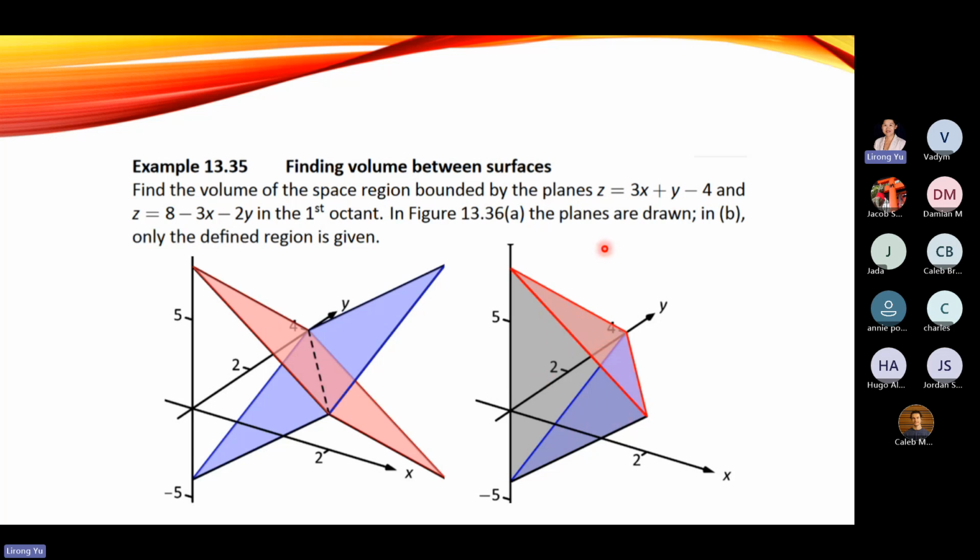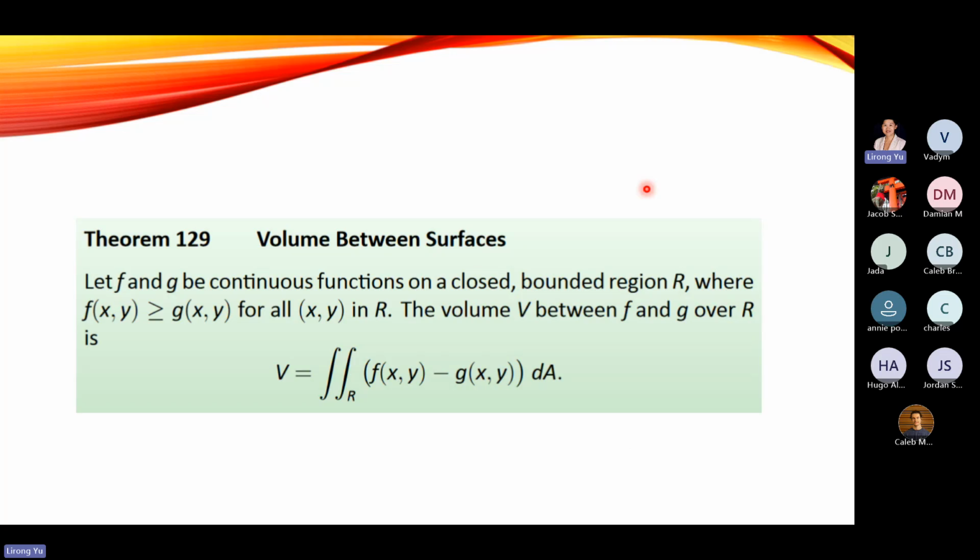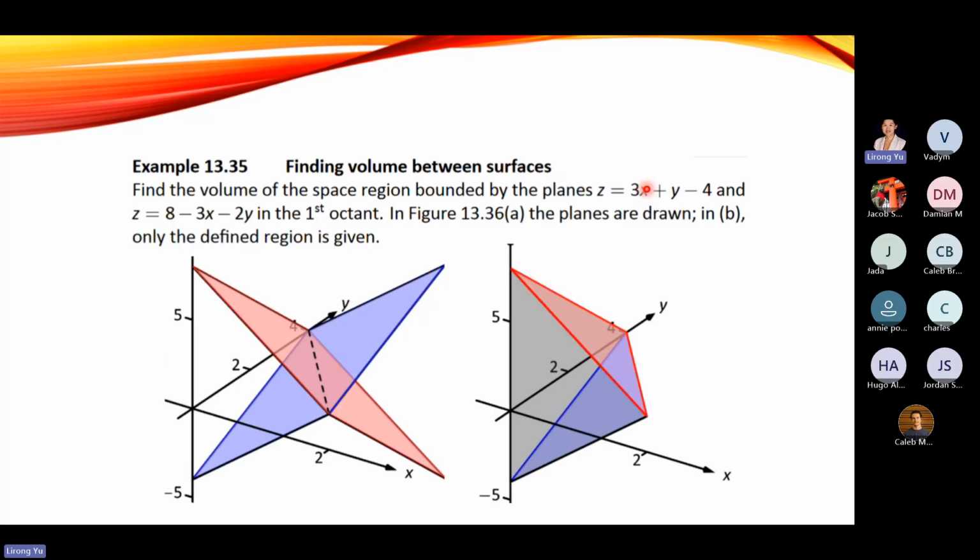So as far as the z value, this is the top, and this is the bottom, the higher one and the lower one. So we try to follow this formula. We want to take the higher surface minus the lower surface and then integrate that over the triangular integration region that we see in this picture. So that was the intention.